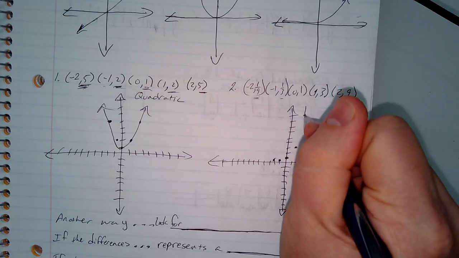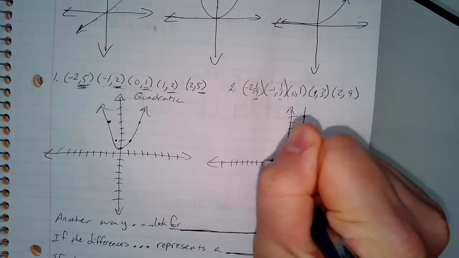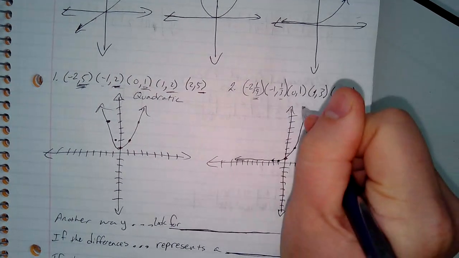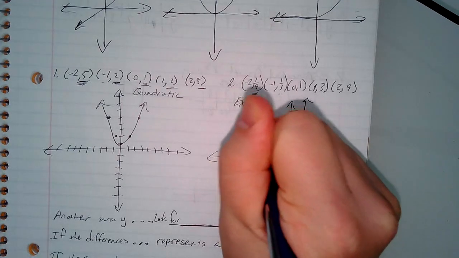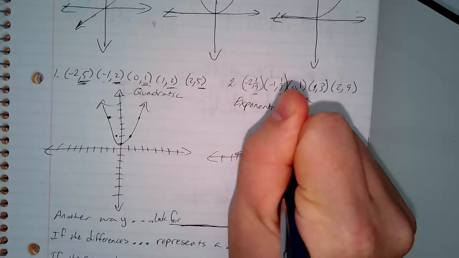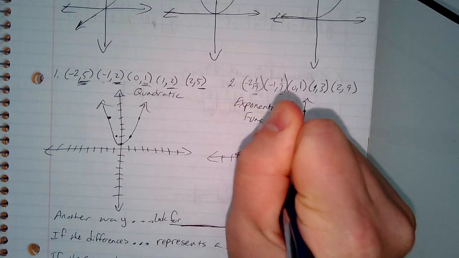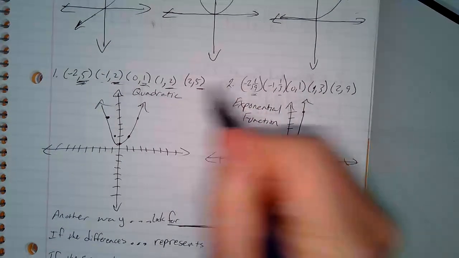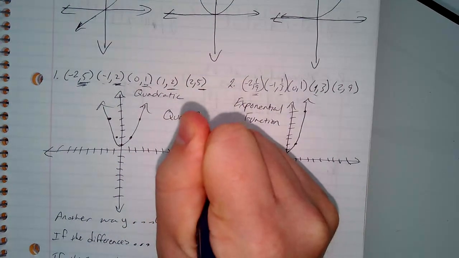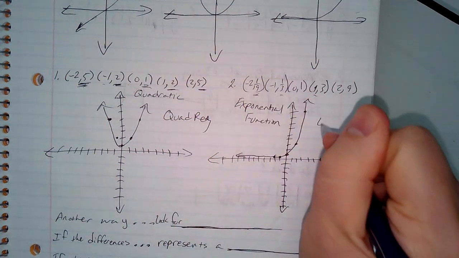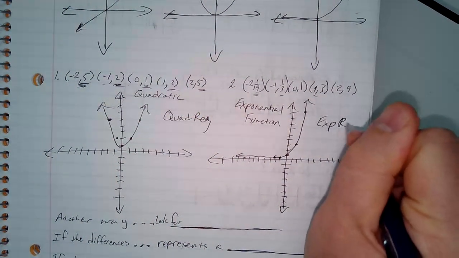So this one screams exponential function to me just by looking at the numbers, and it is whenever we connect all the dots and draw our lines. This is an exponential function. Okay, don't forget that you can plug both of these into stat, right? You can do stat, and this one is quad reg, and this one is exp reg.